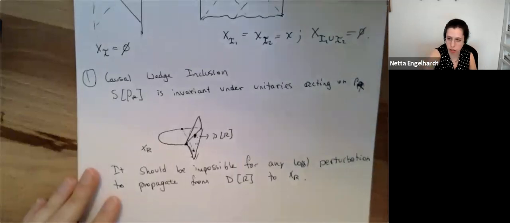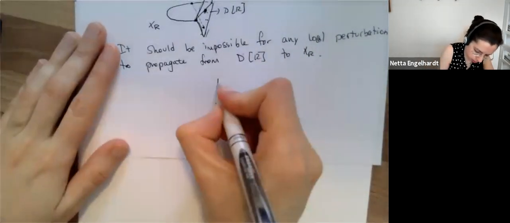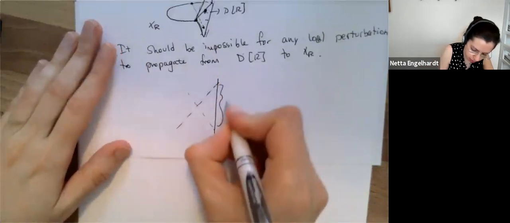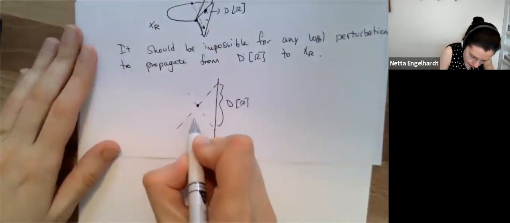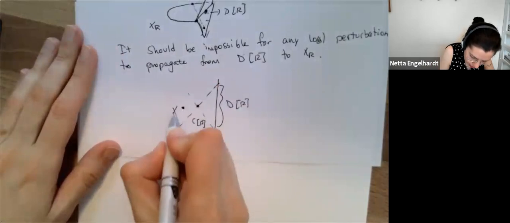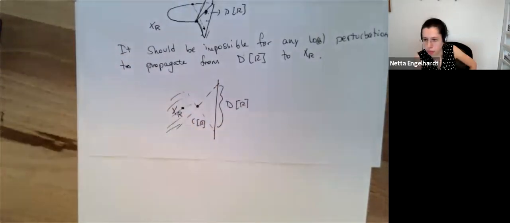So if I draw a conformal diagram, so this is D of R. And this is the causal surface C of R. And we would require that XR lives somewhere in this wedge.